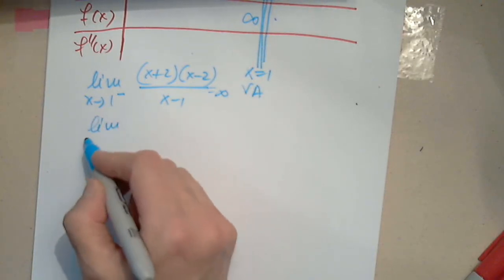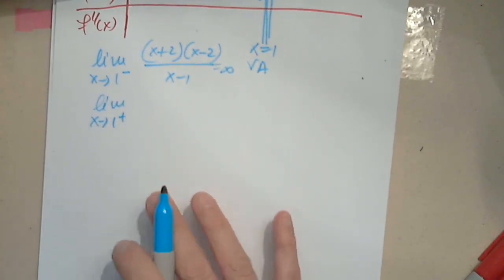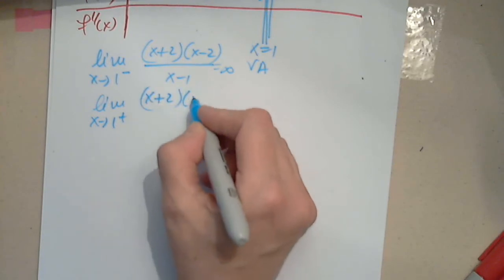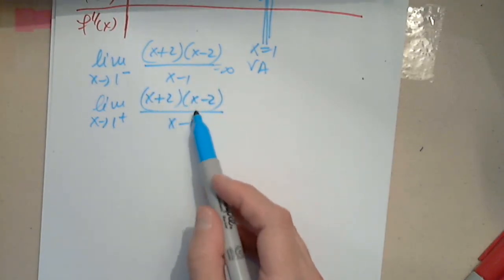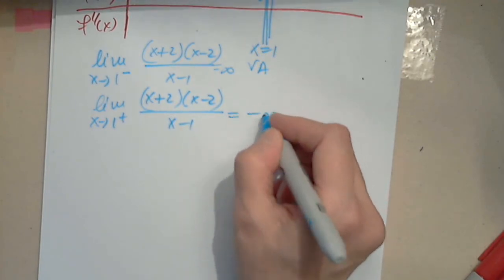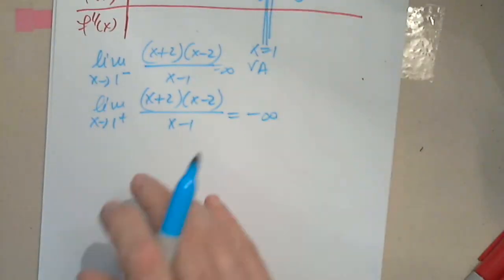And limit as x approaches 1 from the right, of (x plus 2)(x minus 2) over x minus 1, 1.1, positive, negative, positive. And that is done.